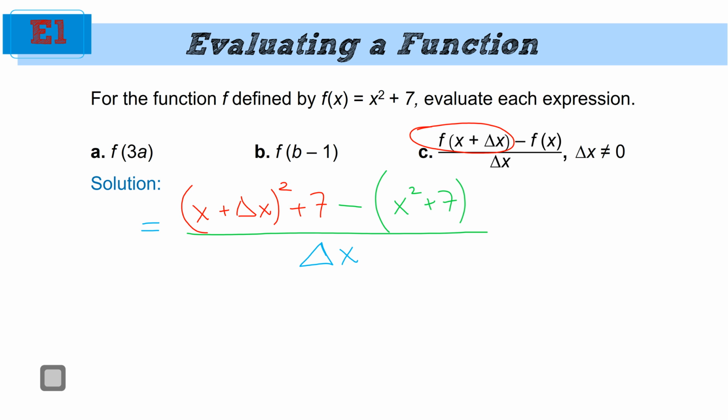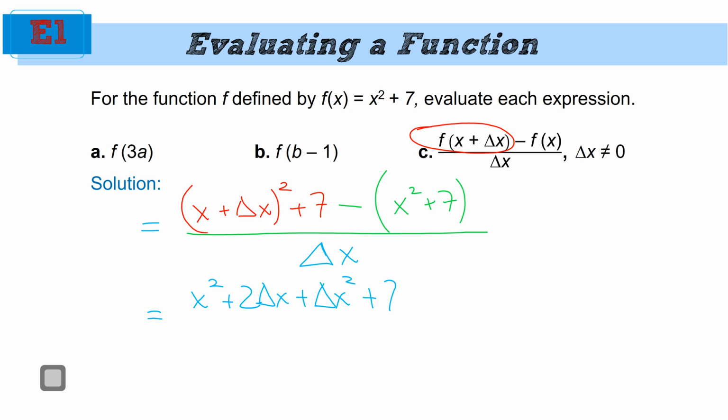Okay, let's keep things clean here. We'll put an equal sign there. Using what we just talked about, Amanda, what is x plus delta x quantity squared? x squared plus 2 delta x plus delta x squared.